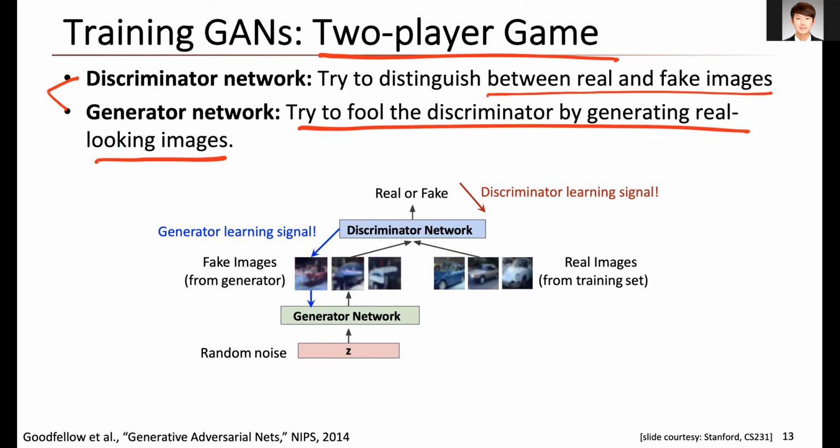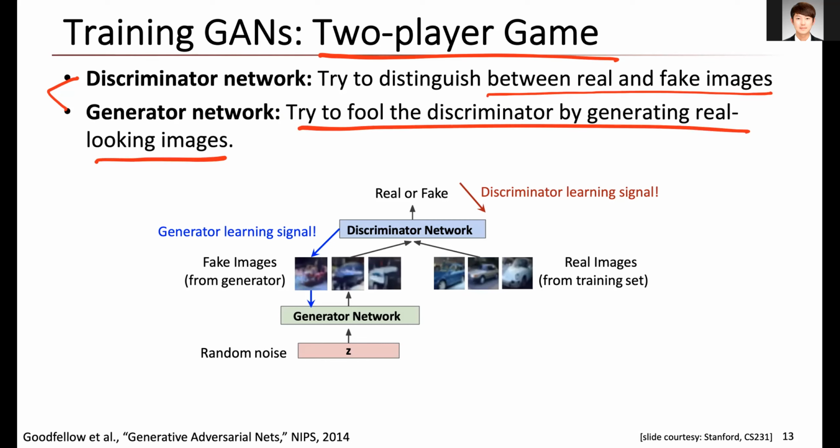Then training a GAN is to formulate the objective function to solve this adversarial objective.